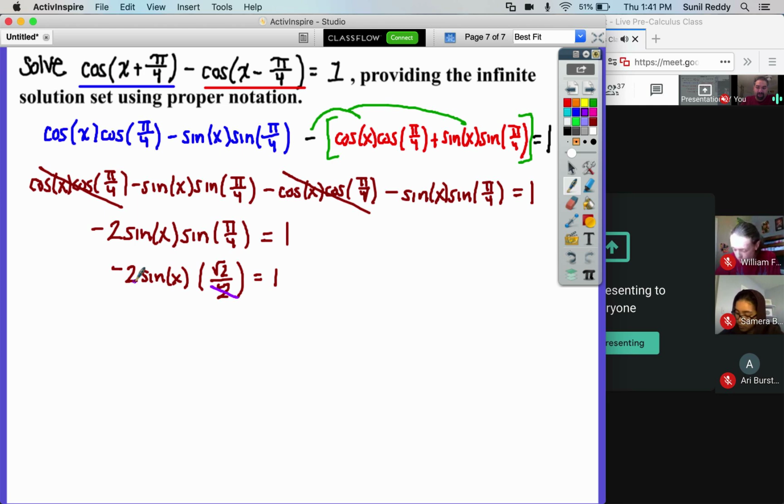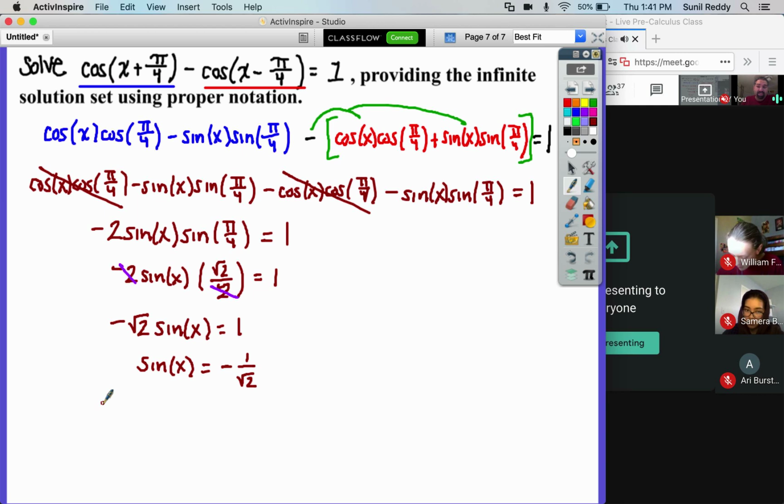So dividing by 2 and multiplying by 2 cancels. That leaves me with negative sine of x times root 2, which I'm just going to write with the number in front. So that gives me negative root 2 times the sine of x equals 1 still. I divide both sides by negative root 2 to get sine by itself. So now I have sine of x equals negative 1 over root 2.